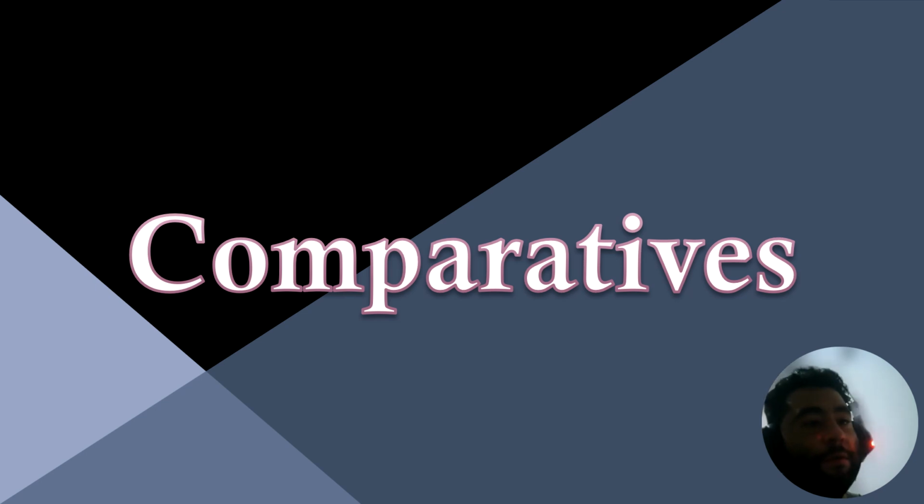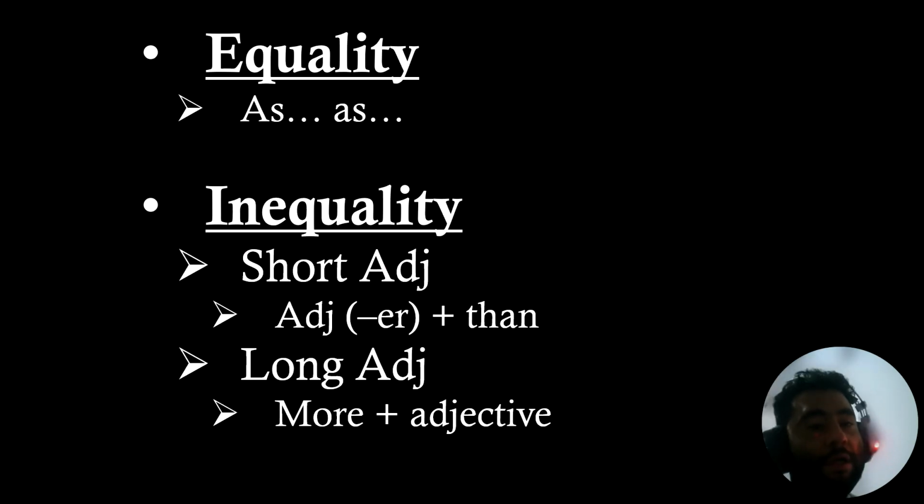Remember that in the case of comparative, we have equality comparatives, which means that they have the same level. I can say, for example, my house is as small as Julieta's house.